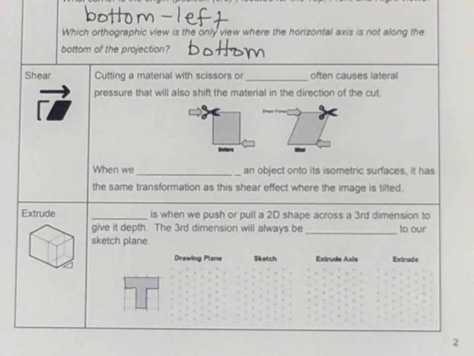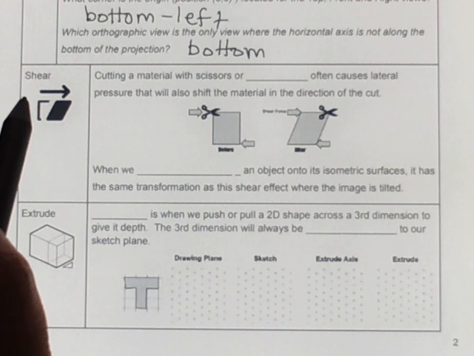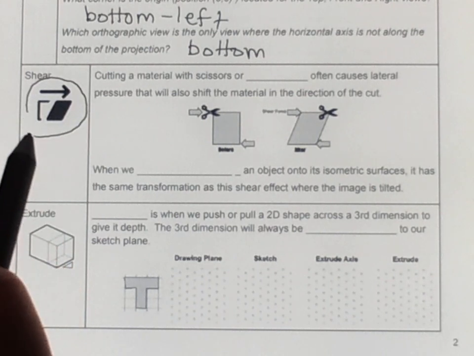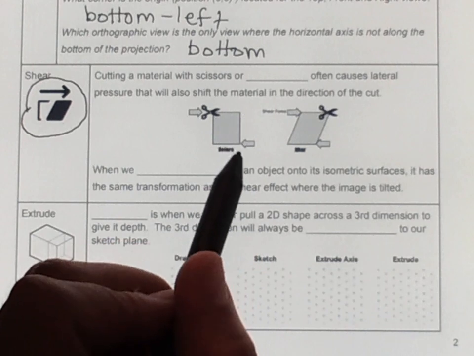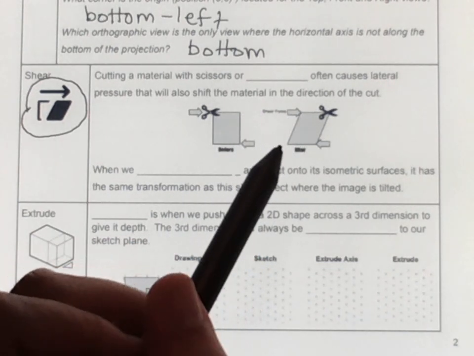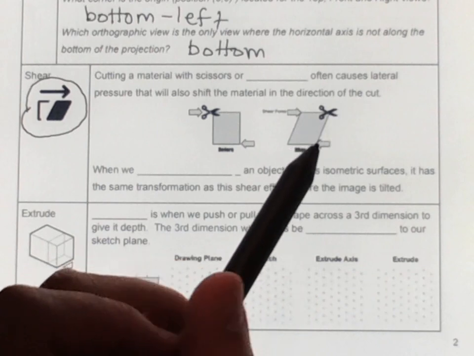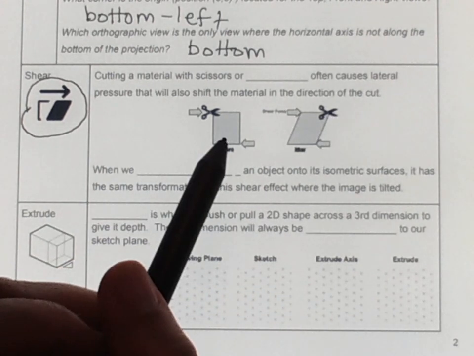So the effect of the shape has a different name for it. It's called shearing. And shearing is when I take something that is square like this, but I apply some force to it, and it actually tilts it or transforms it into a parallelogram instead of a rectangle.